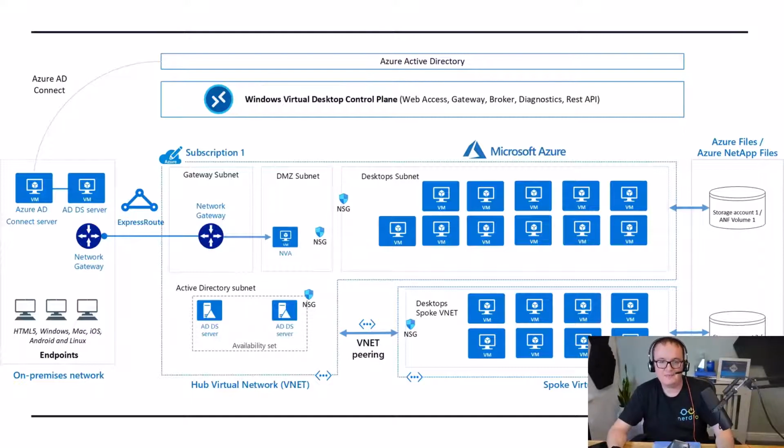Then we also have the authentication, which I'm going to talk about a bit more in the slides coming up. We can now deploy Azure AD Join, which means that technically, coming soon, we shouldn't need domain controllers because we're using Azure AD. But as it is today, you have to deploy a domain controller, or you can use Azure Active Directory Domain Services, which will maintain that for you.